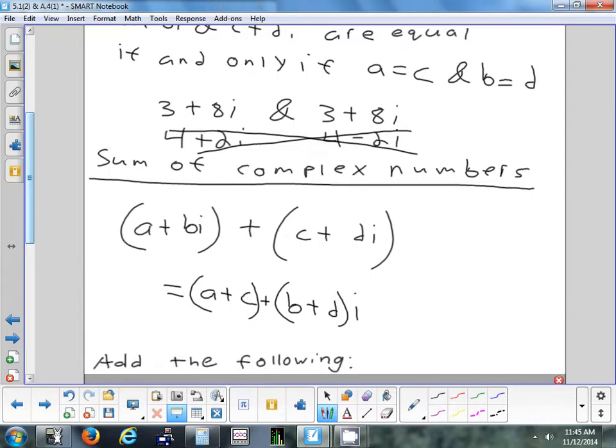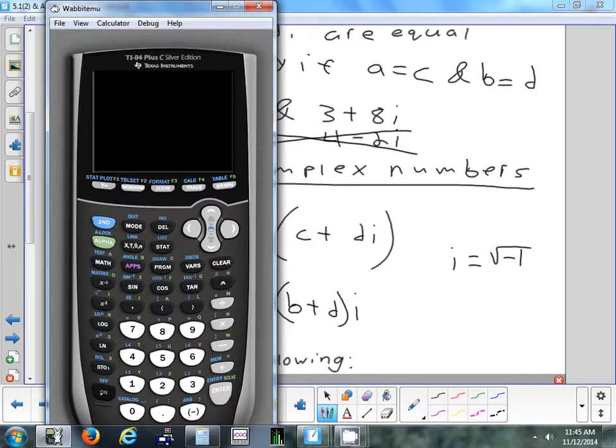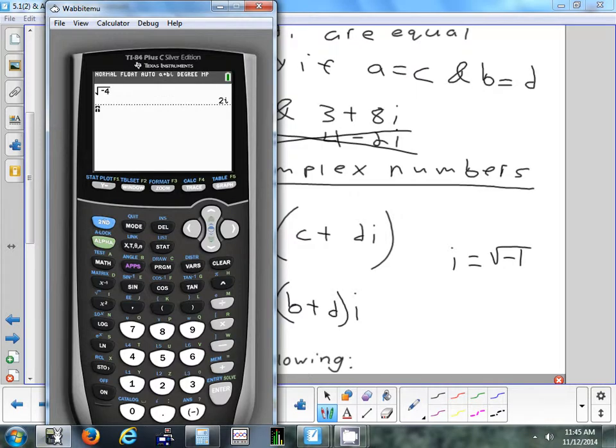Now, we haven't even really defined what i is yet. Okay, i, when you're talking about complex numbers, is not a letter. It represents a number. Okay, and the number that it represents is the square root of -1. If you type that in on your calculator, that's exactly what you'll get. The square root of -1 is i.